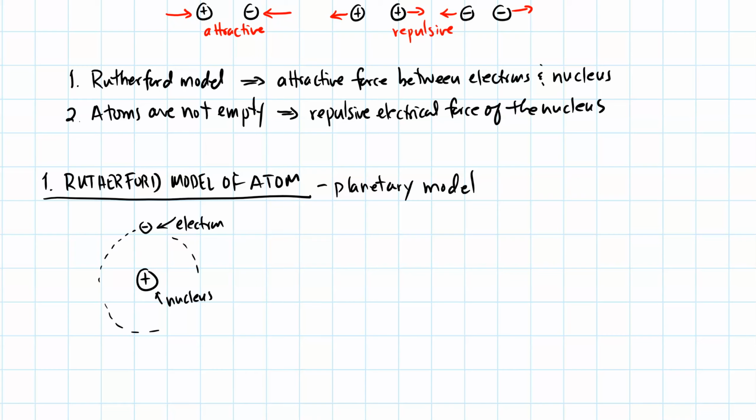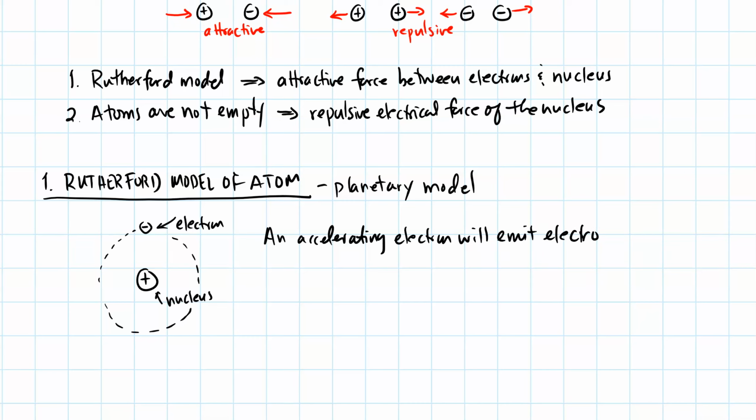But the problem with this model is that any electric charge that accelerates will emit electromagnetic radiation. So any accelerating electron will emit electromagnetic radiation.